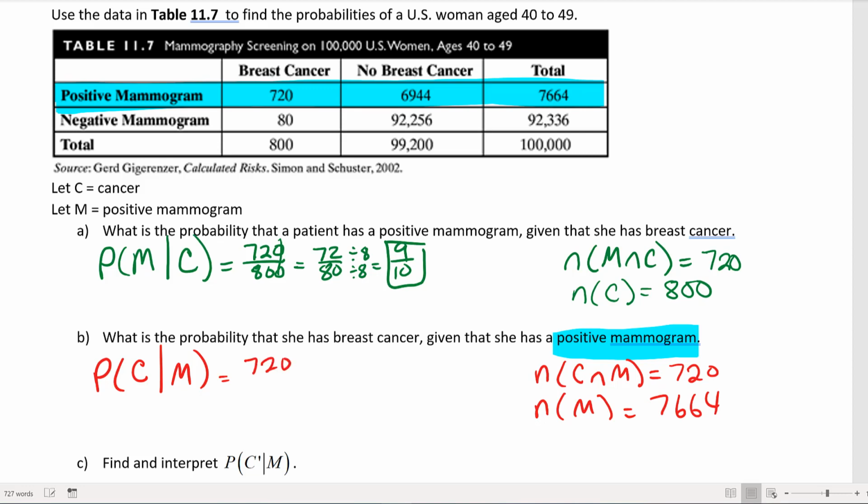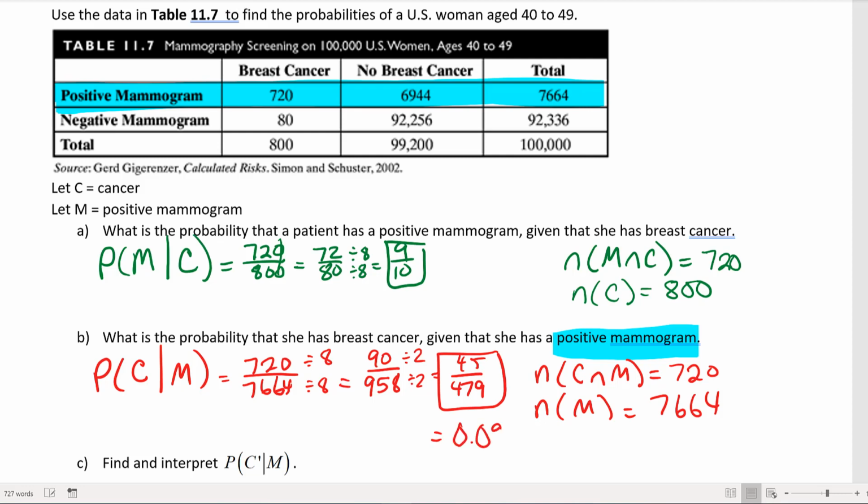So we have 720 over 7,664. I can divide the top by 8 and the bottom by 8, and that gives me 90 over 958. Use a calculator if you need to. I think that's at least divisible by 2 again, so this is 45 over 479. For this fraction, you might want to consider using a decimal. That's going to be 0.094 if you use a calculator. For part A, it was 0.9 if you wanted to use a calculator.